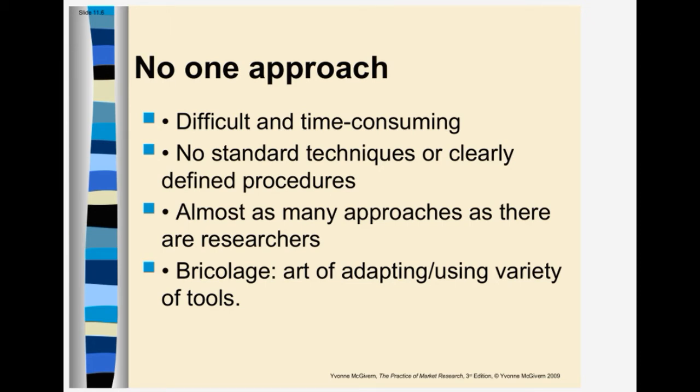Of course, this approach is difficult and time consuming. There are no standard techniques; there are as many approaches as there are researchers. Each researcher comes up with their own approach and invents a new way while doing their research. There is no one approach.